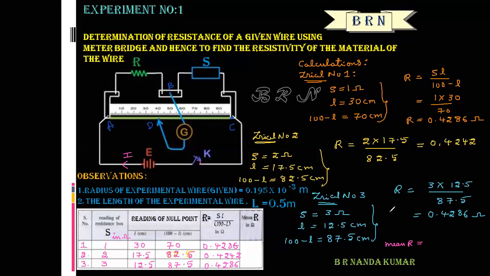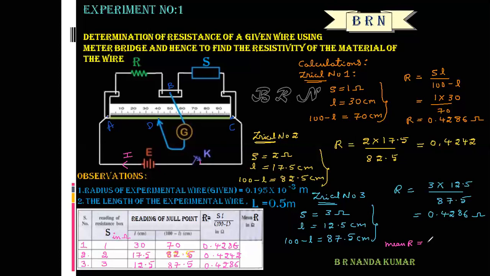After that, we have to calculate the mean value. So that is 0.4286 plus 0.4242 plus 0.4286, divided by 3.